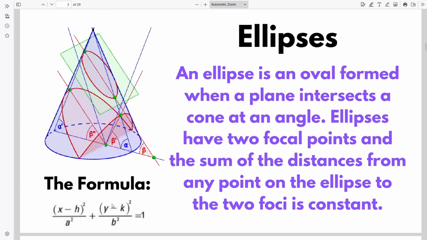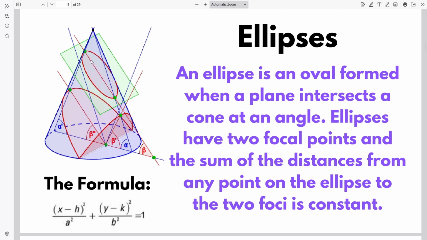We also have ellipses, which are basically the generalization of a circle, but also not really. They're ovals formed when a plane intersects a cone at a specific angle. They have two focal points, and the sum of the distances from any point on the ellipse to the two foci is constant.